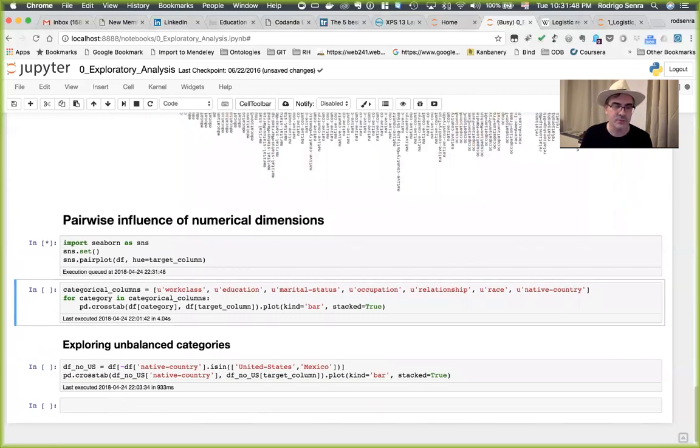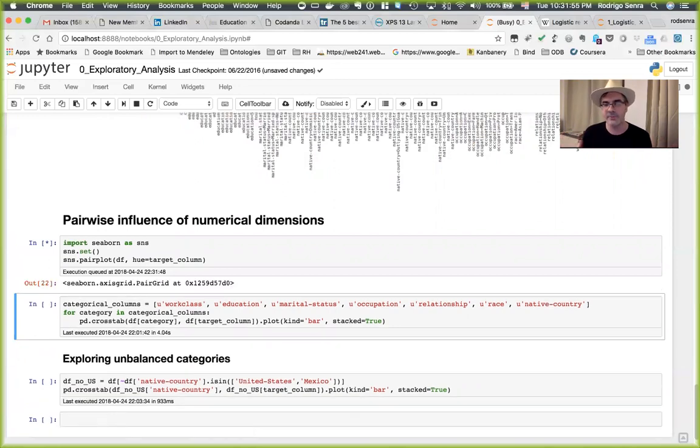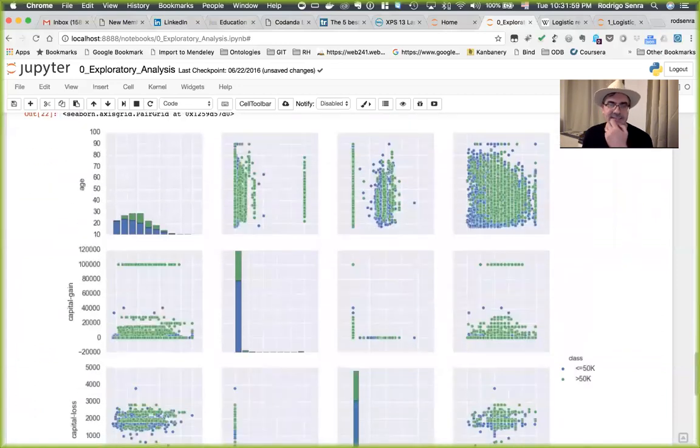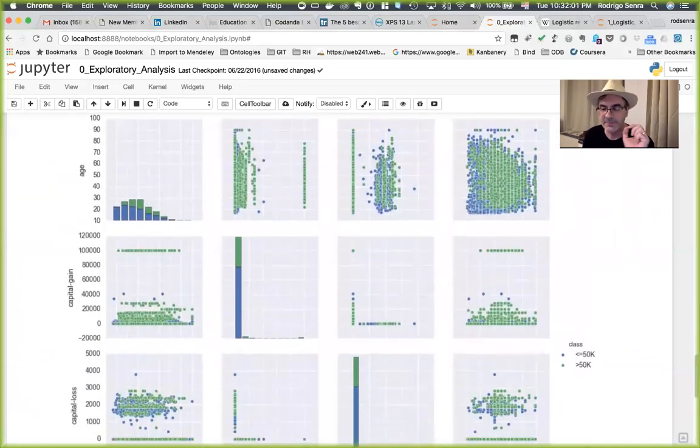Another way to explore the influence of attributes is to create a pair plot. In the pair plot, we're trying to figure out the two values of the target variable, the dependent variable, which in our case is the income, what we're trying to guess. High income is green, low income is blue.